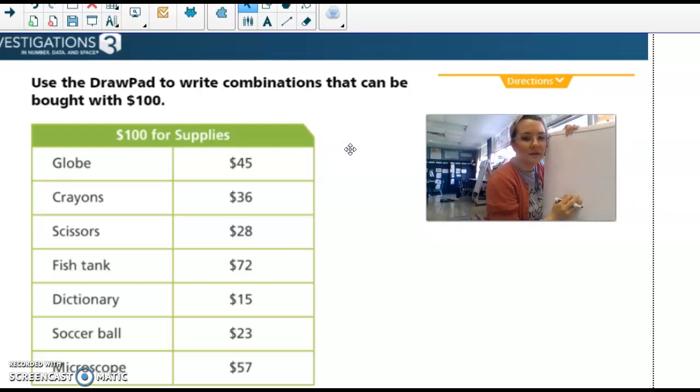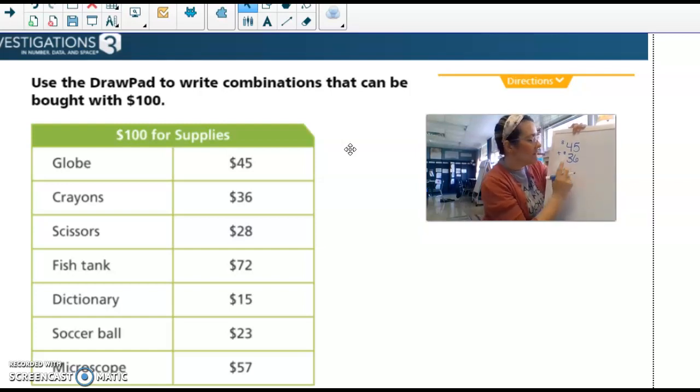Well, let me think. I really want that globe. I need a new globe. Mine has a hole in it, so we don't need a hole in our world. We have the globe for $45, okay? And I still love crayons. I really want those crayons. I love to do art in my classroom. So I know when we added these before, I got around 80, 81 to be exact.